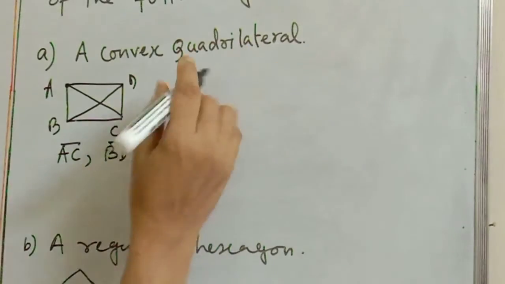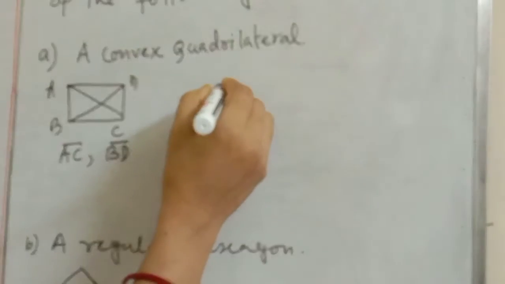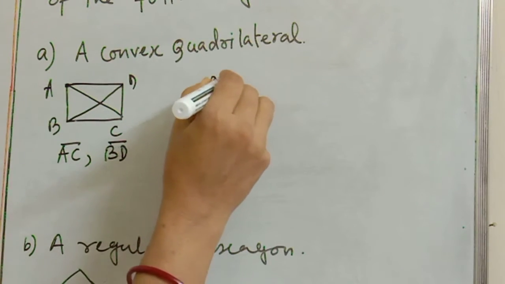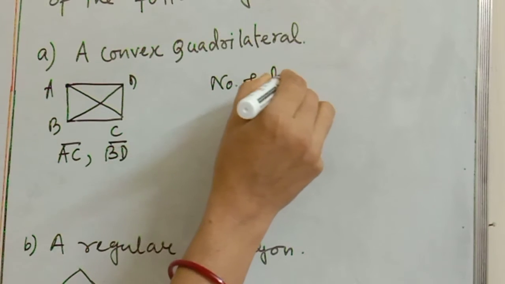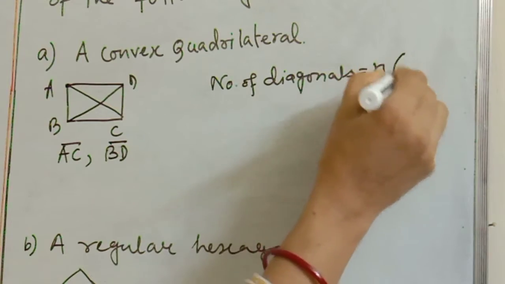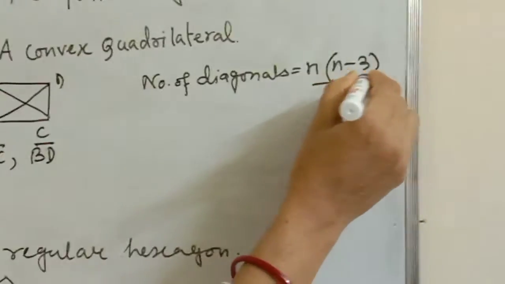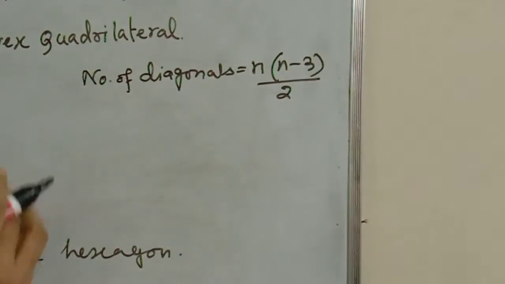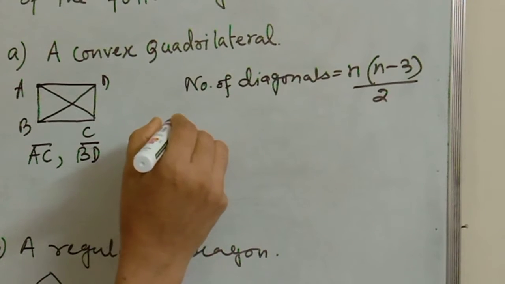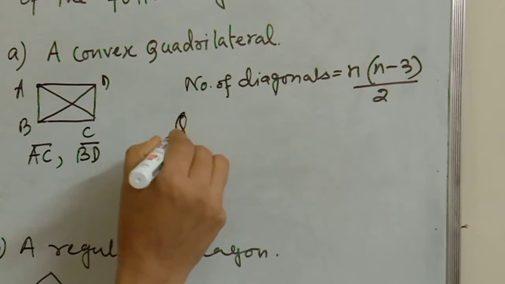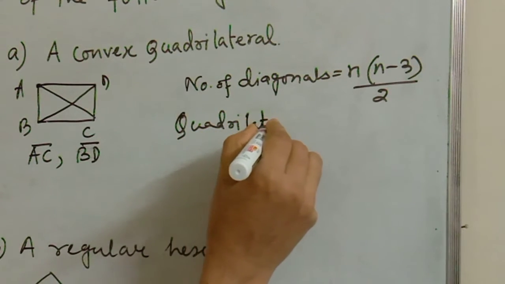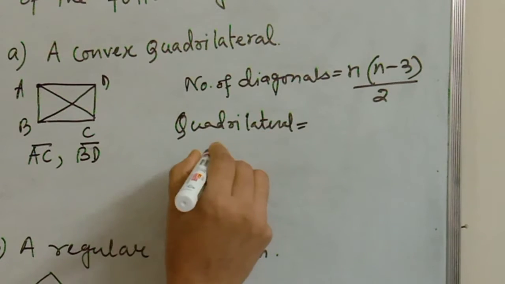Now we have a formula to find the number of diagonals. The number of diagonals is equal to n into n minus 3 by 2, where n is the number of sides. So verify it for a quadrilateral. A quadrilateral has 4 sides, so n is equal to 4.